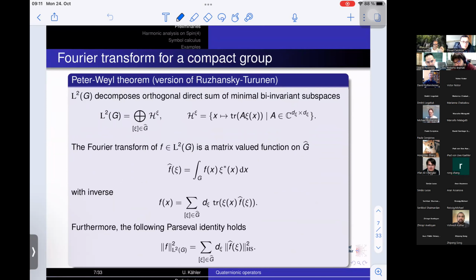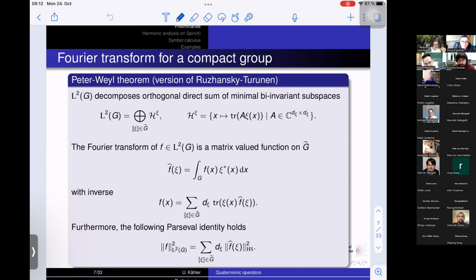In that case, it goes back to a version of the Peter-Weyl theorem, which you can find, I think, in that form for the first time in the book of Ruzhansky and Turunen, that you can decompose L2 into the direct sum of linear bi-invariant subspaces. So really, the spaces for the irreducible representations decompose L2 into irreducible things.